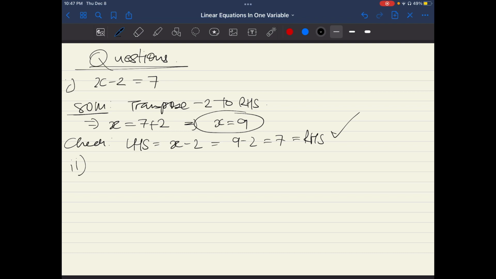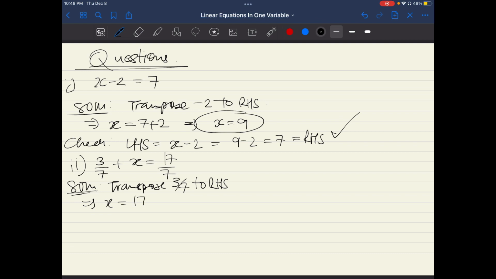Now the second question is 3 over 7 plus x equals 17 over 7. Now we start with transpose 3 over 7 to RHS. We will get x equals 17 over 7 minus 3 over 7, which will be 14 over 7, which is 2.